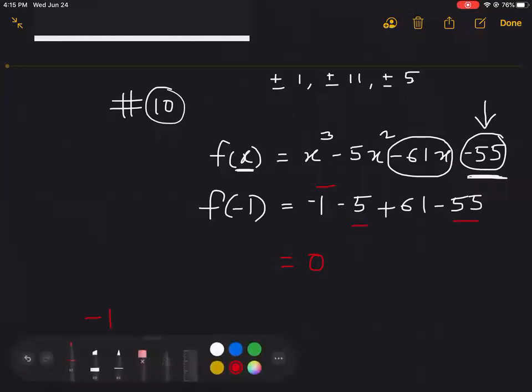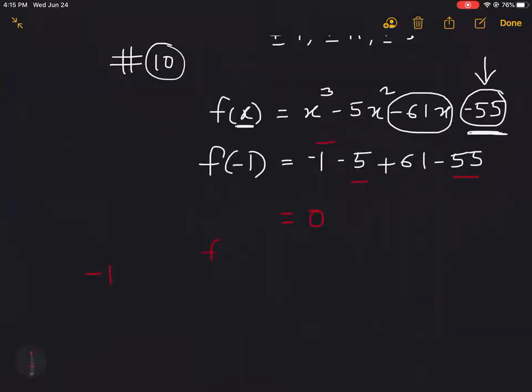Let's try negative 5 as well. So it will be negative 125, negative 125, positive 5 times 61, which will be 305, I believe. Is it? 5 times 60 is 300.